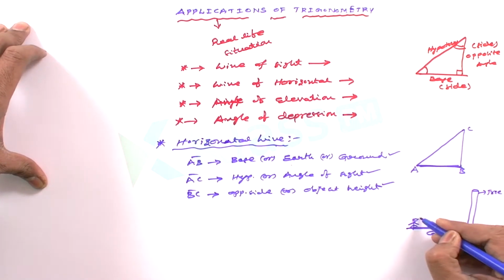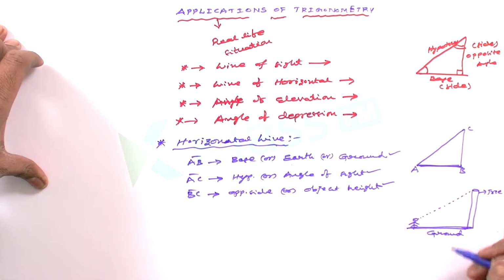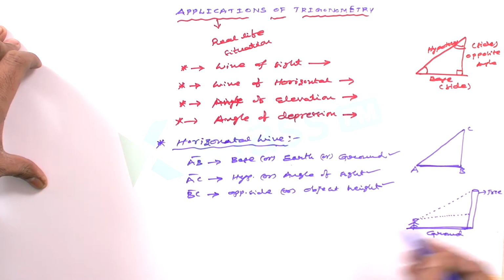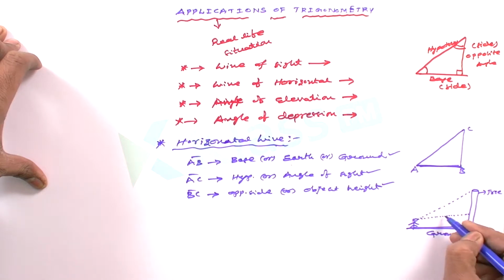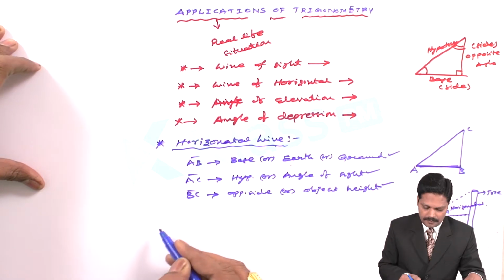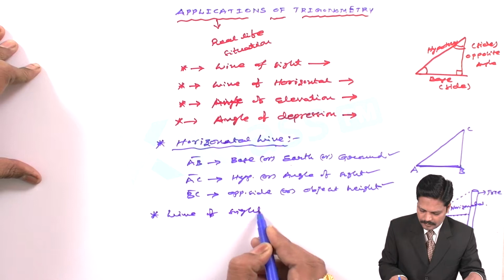He is watching the top edge of the object, but the line he looks at parallel to the ground is called the horizontal. This line is called the horizontal line. Coming to the next point, line of sight.